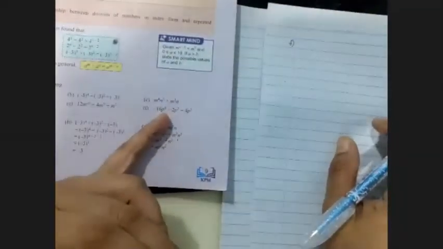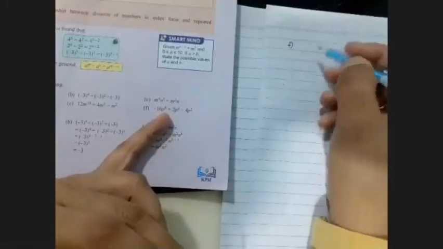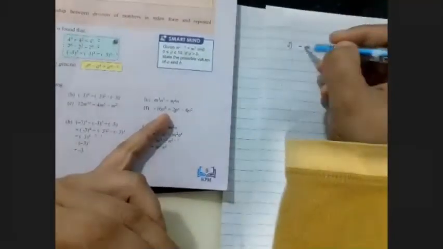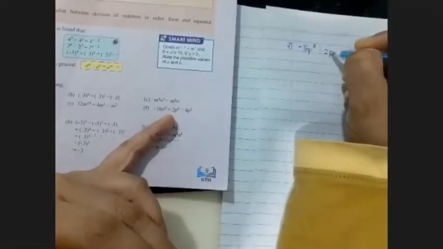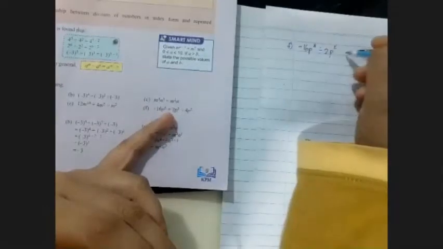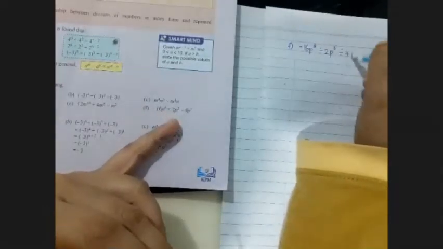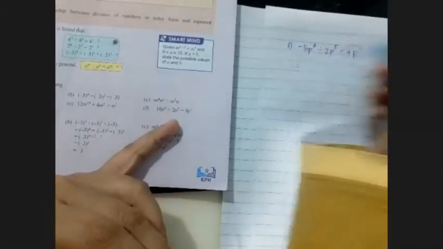Question F. Negative 16p power of 8 divided by 2p power of 5 divided by 4p power of 2. Okay. We solve from the left, first and second term.